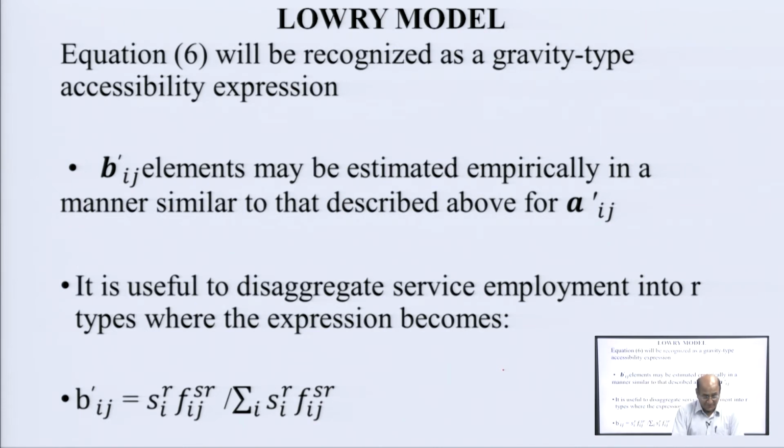Bij dash elements may be estimated empirically in a manner similar to that described above for Aij dash. It is useful to disaggregate service employment into R types, where the expression becomes Bij dash equal to S I to the power r, f I j to the power S r, divided by the sum over I of S I to the power r, f I j to the power S r.